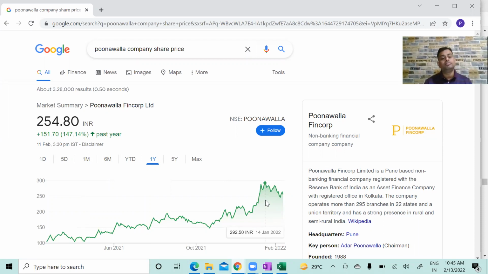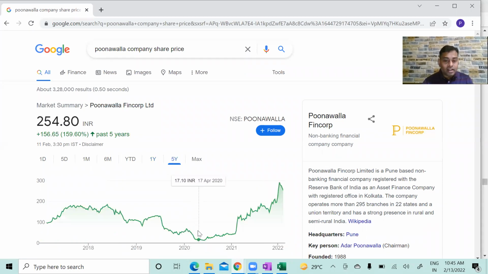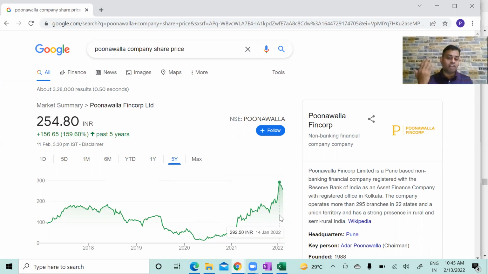Within 1 year. If you look at the 2 years, before COVID, around 2020 March 15th, this COVID lockdown was announced. You remember? Before that lockdown, or at the time of lockdown, the price was 17 rupees. After that, see how it went to 300.